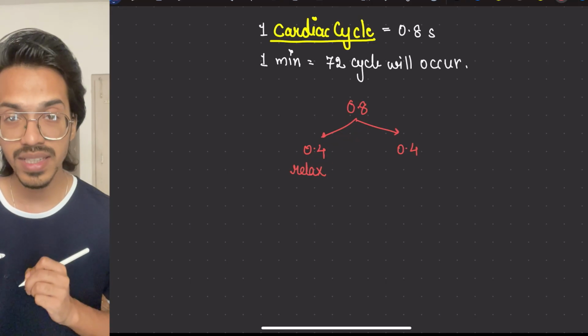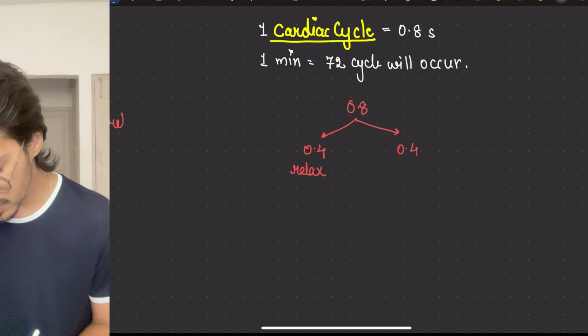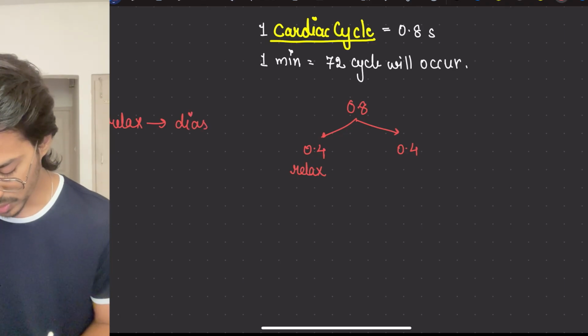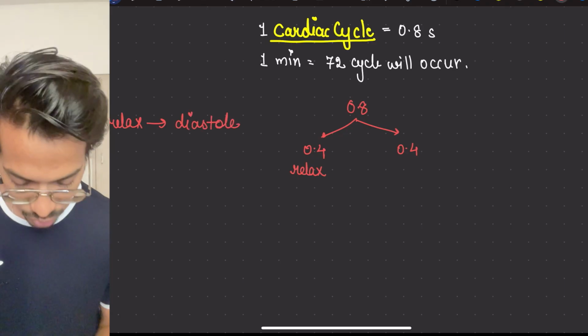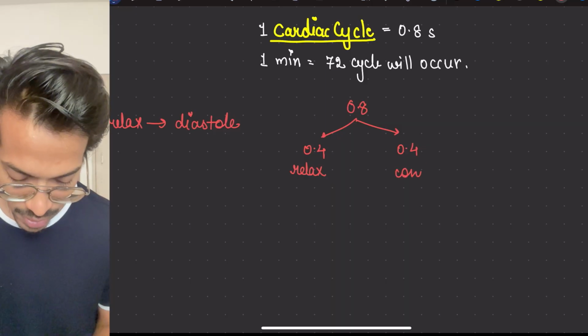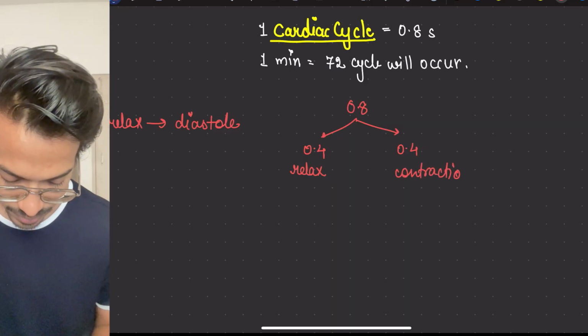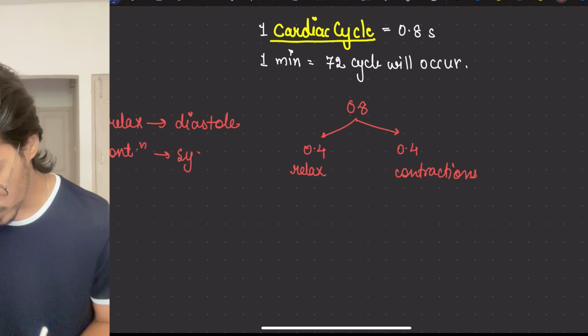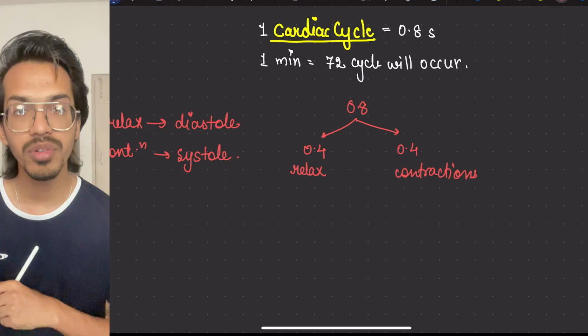For the relaxation, we use the word diastole. Whereas for the other 0.4 second, there will be contractions. When contraction is occurring, we call it systole. This thing you have to remember.